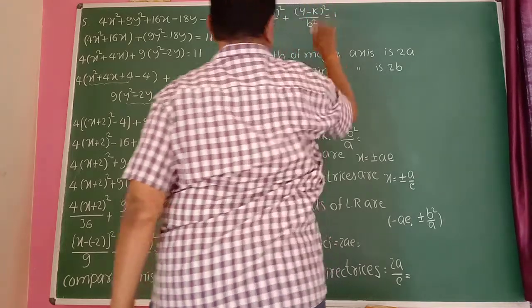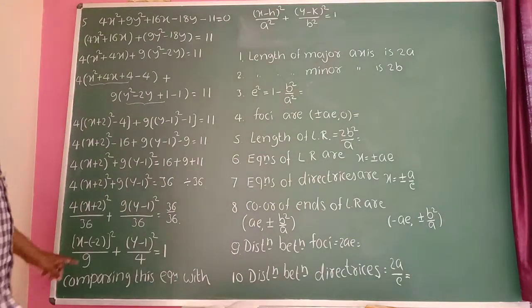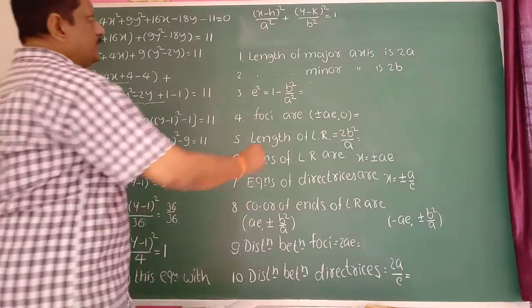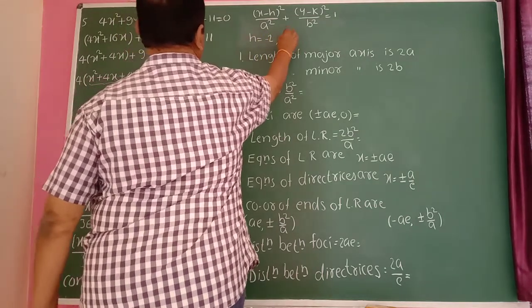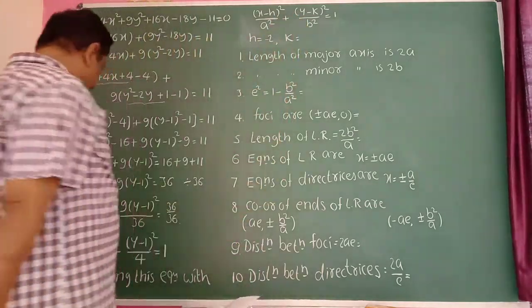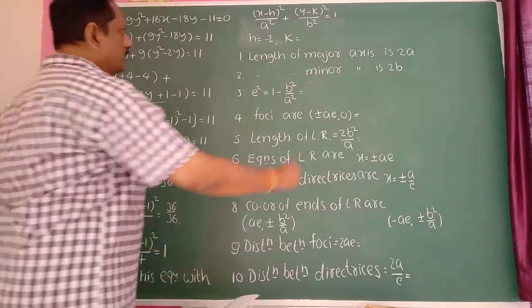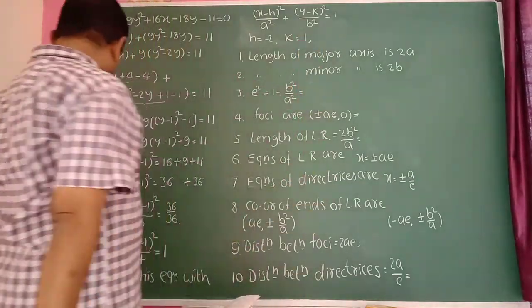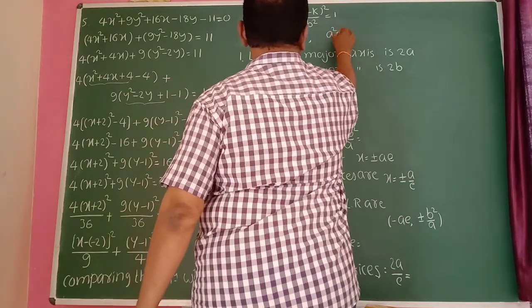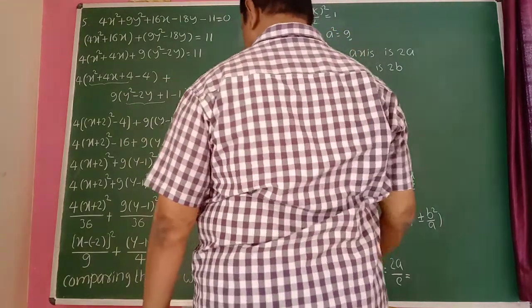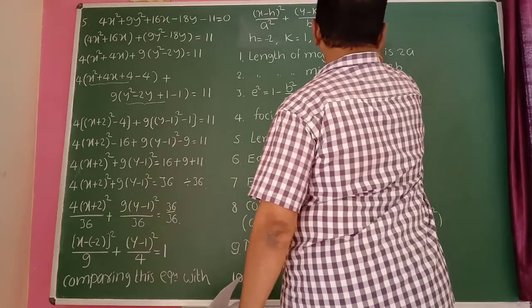Let's compare it here. H is equal to minus 2 and k is equal to 1. A square is equal to 9 and b square is equal to 4.